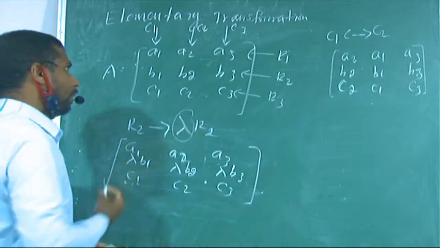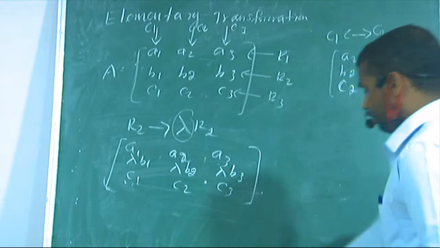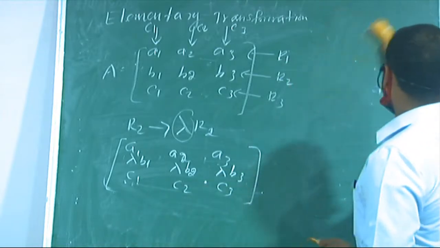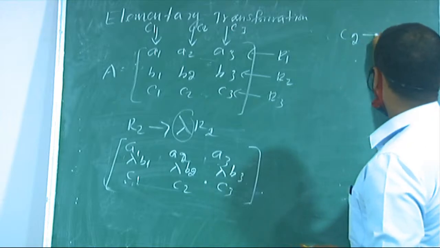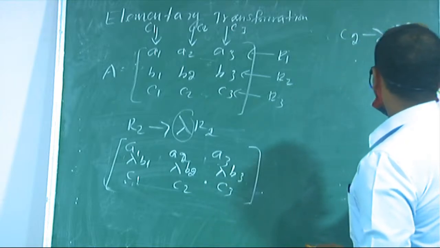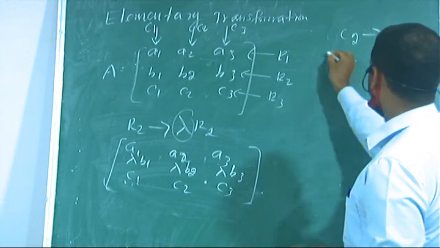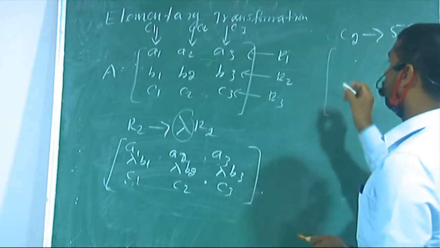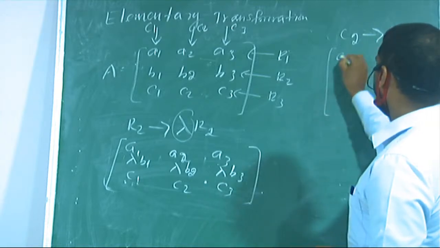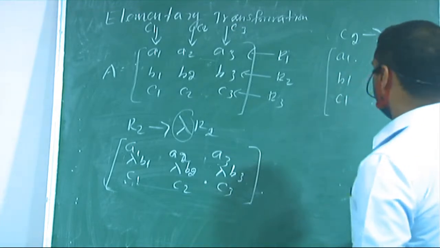Similarly, you can apply it to a column. I have taken C2 and a constant number, say 5. Five into C2 means C1 stays as it is: A1, B1, C1.